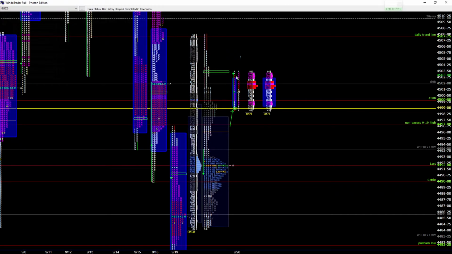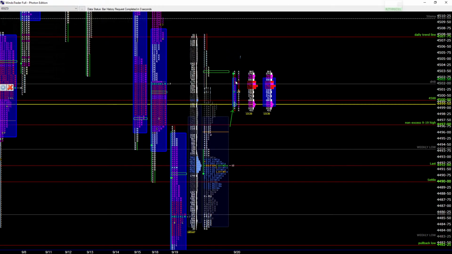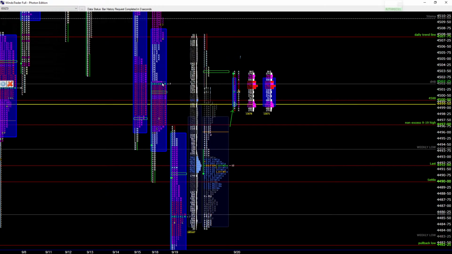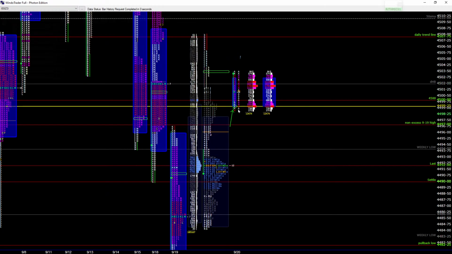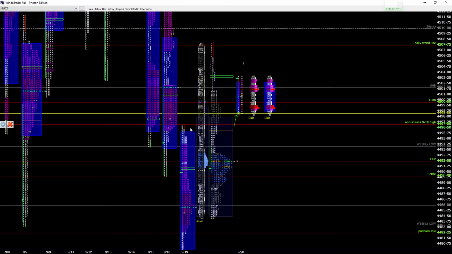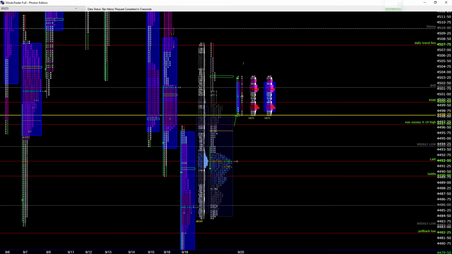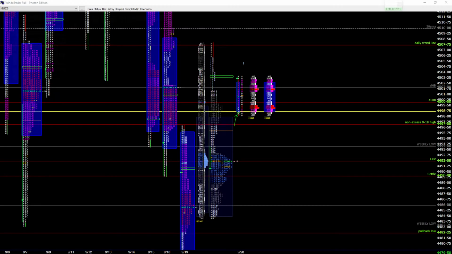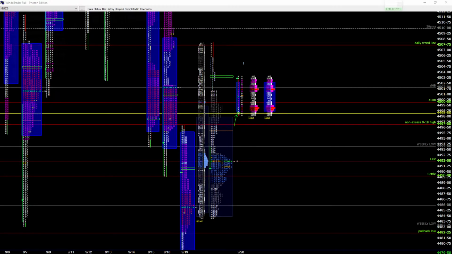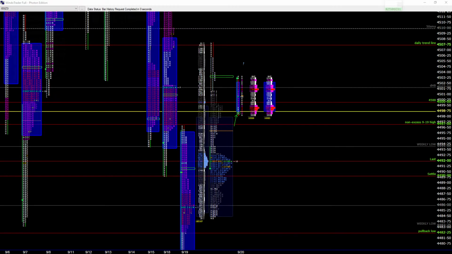It has excess to the upside, but I think that's good. You can see that maybe these sellers here, these shorts, the market is still trying to sell. Let's see what the market does with the gap. I am very interested.